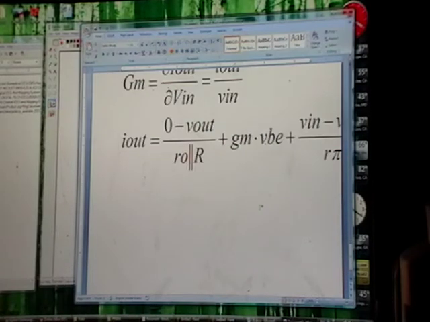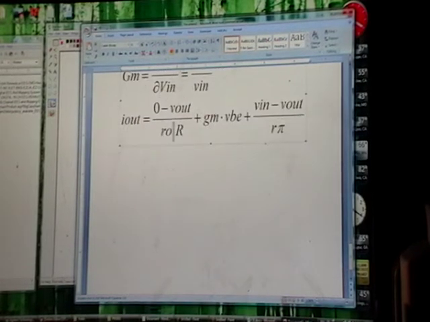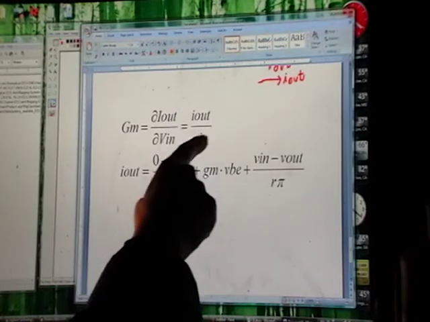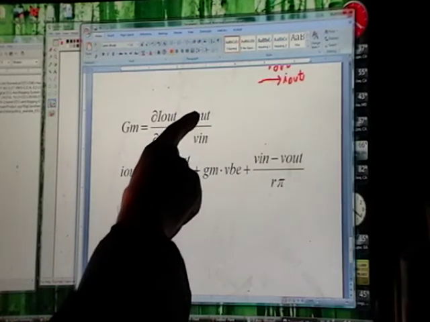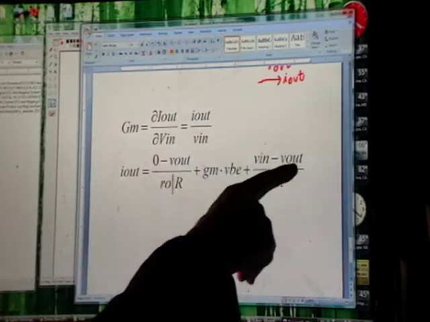So this looks like it's got some things in there that we really don't want in our final equation. The only currents and voltages we have in our equation for GM are I out and V in. So anything that's not I out or V in, we need to get rid of in this equation.